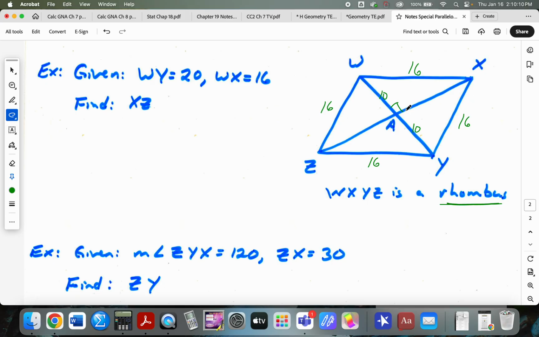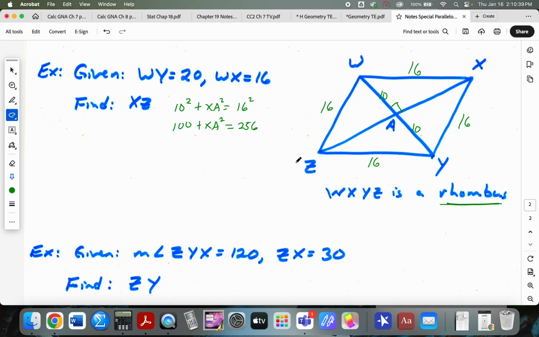So I can do the Pythagorean theorem and find out how long XA is, and then double it to find XZ. So 10 squared plus XA squared is 16 squared. So that's 100 plus XA squared is 256.